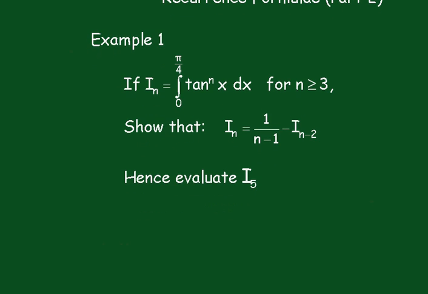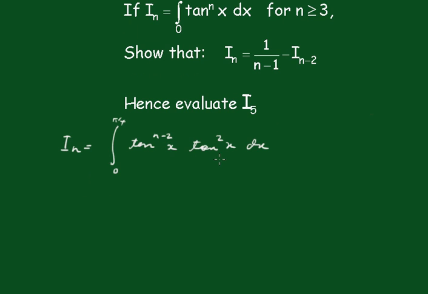Okay, we'll start off with splitting this up. So In is equal to the integral pi upon 4 naught, and we'll do the tan n minus 2 x tan squared x dx.